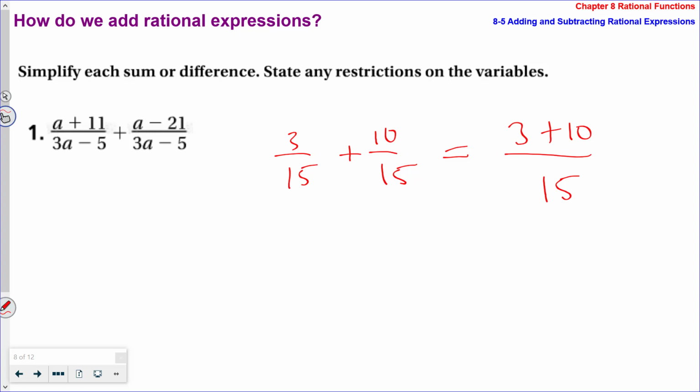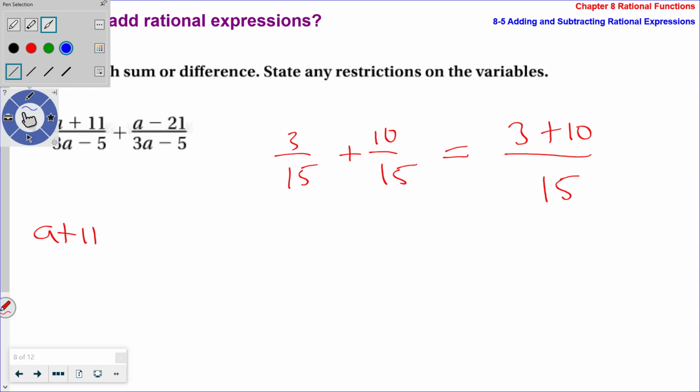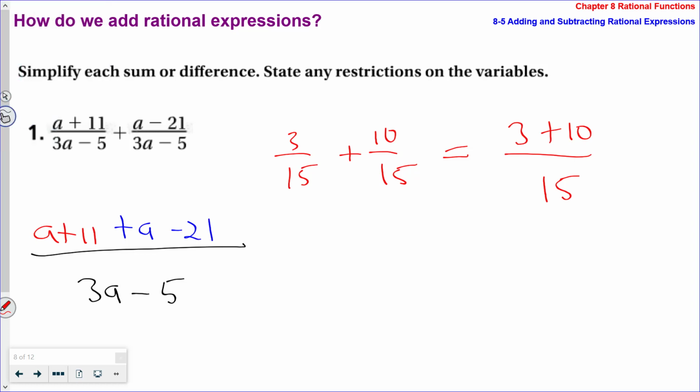When you're dealing with rational expressions, if you have a common denominator, it's just going to be a plus 11 plus a minus 21 over the common denominator, which is 3a minus 5. So if we have a common denominator, it's just one fraction, and we add the numerators. Does everyone follow?